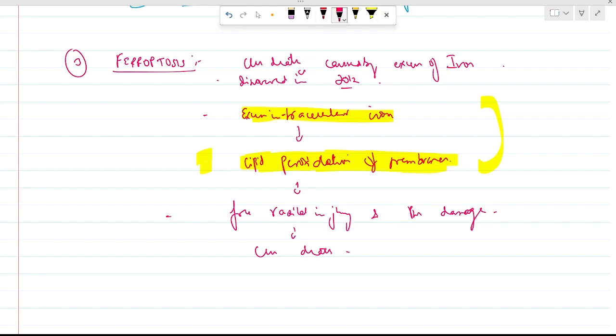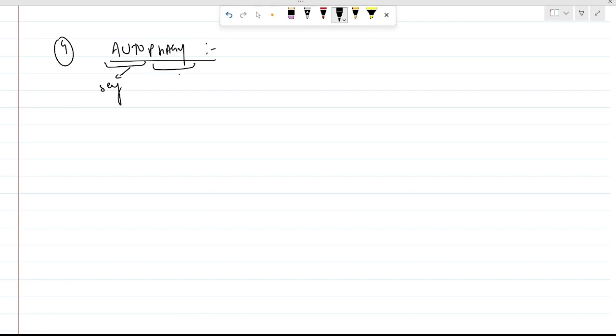Okay. The last subtopic I'm going to discuss here is autophagy. Auto means self and phagy means eating, self-eating. That is, here the cell eats its own contents.